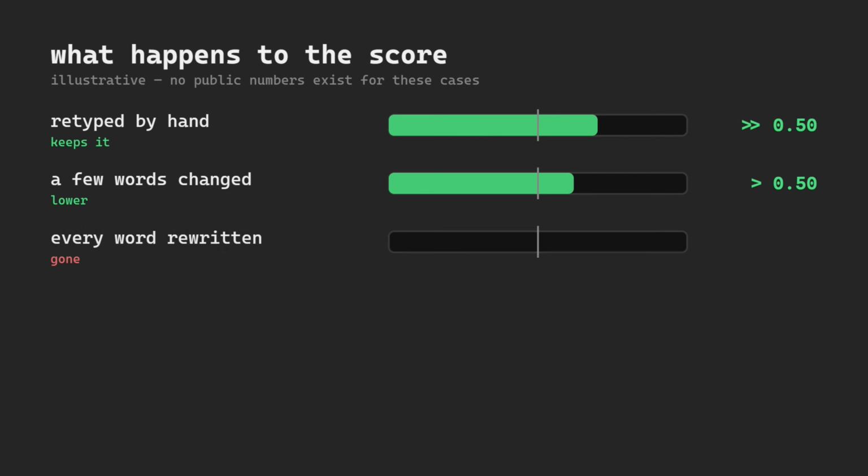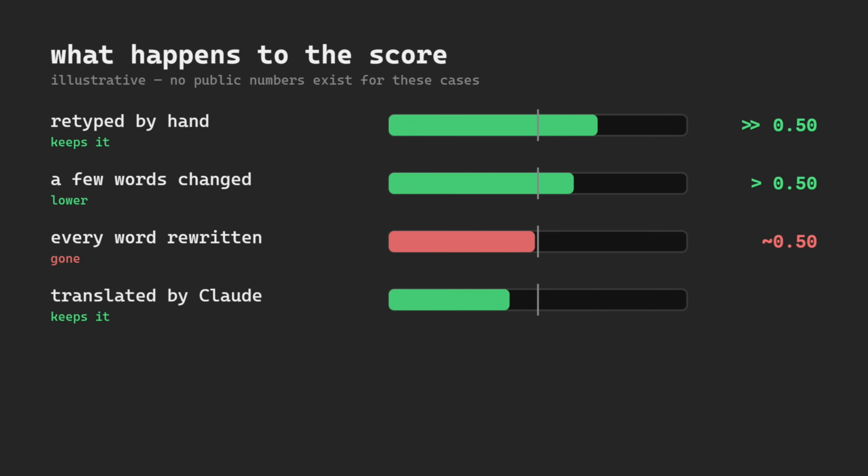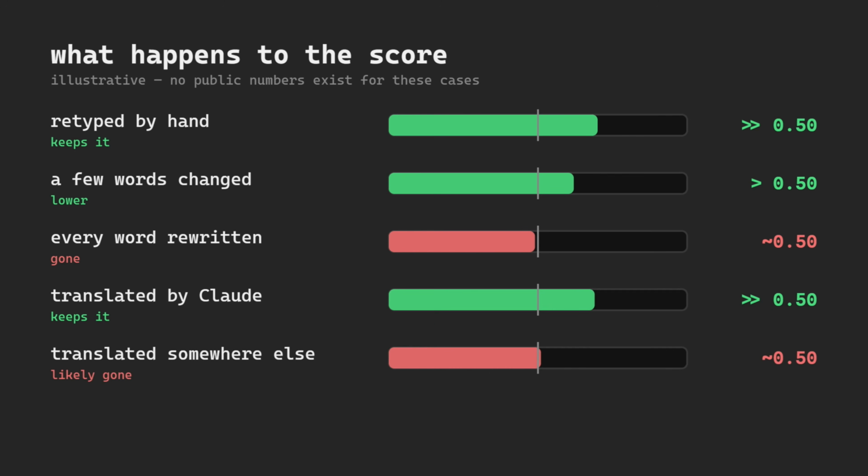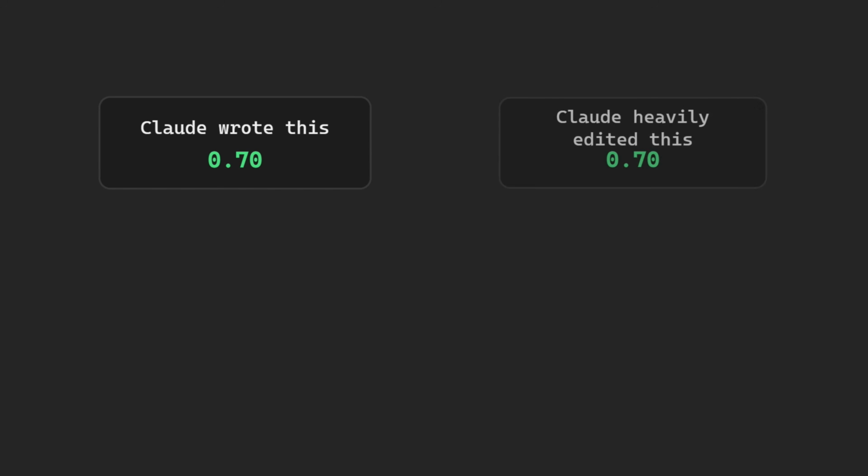A full rewrite, where every word is replaced, removes it. A translation done by Claude carries the watermark because Claude is still choosing every single word. A translation done in some other tool most likely removes the watermark unless that tool adds its own version of it.